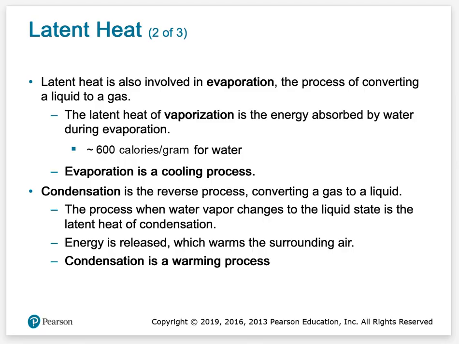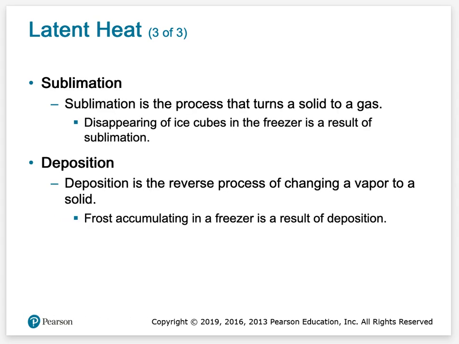So latent heat is also involved in evaporation, the process of converting a liquid to a gas. Again, evaporation is a cooling process, and condensation is a warming process. Sublimation is a process that turns a solid to a gas, and an example of that is the disappearing of ice cubes in the freezer.